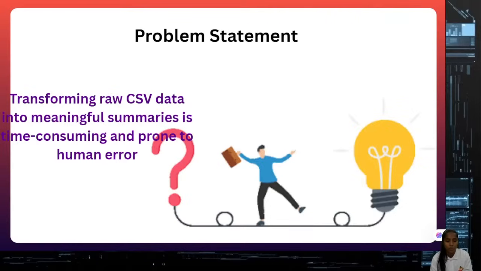What is a problem statement? The problem statement is: if you want to transform raw CSV data into meaningful summaries, it will be time-consuming and prone to human error. So you need to turn the CSV file into a normal process. At the time you convert the CSV file into a meaningful sentence-formation report, if a human being types the particular information, it will take too much time.